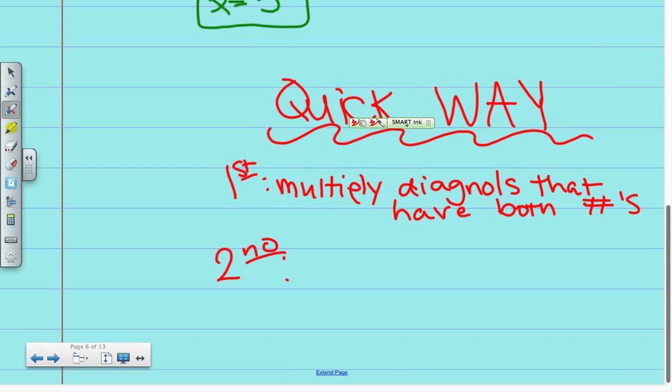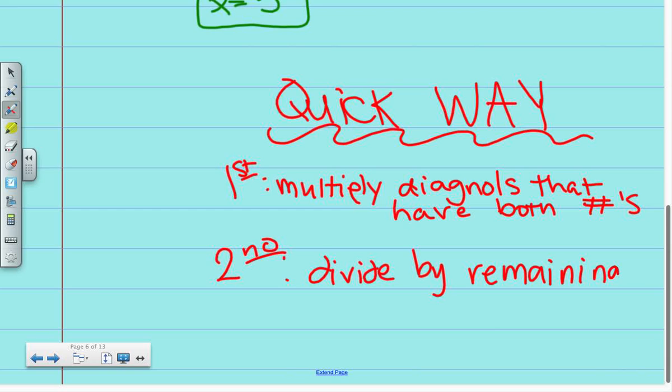This last thing we do is divide by the remaining number. So the quick way to do it, we first multiply the diagonals that have both the numbers, and then you divide through by the remaining number.